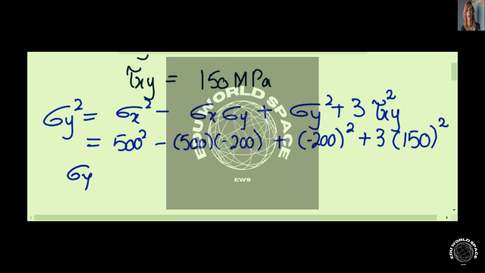Calculate it and you will get sigma sub Y squared is equal to 457,500. Sorry, this is for the square, my bad.